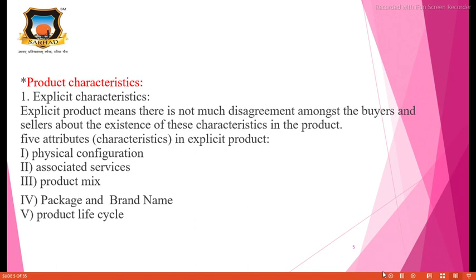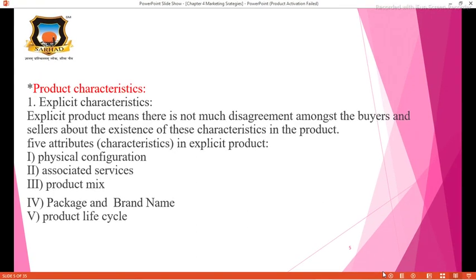A brand stands for the product. You do not need to name the product. You just name the brand. For example, Colgate means a toothpaste. It is a brand name. Packing is for attractiveness and for storing your quality product, and the brand name is for making your product popular.